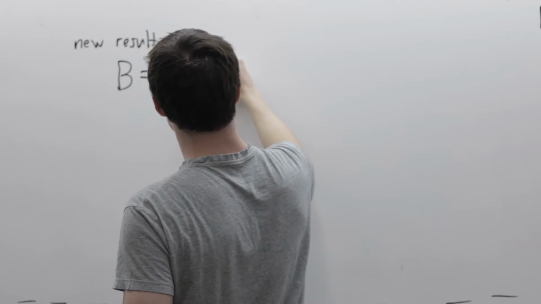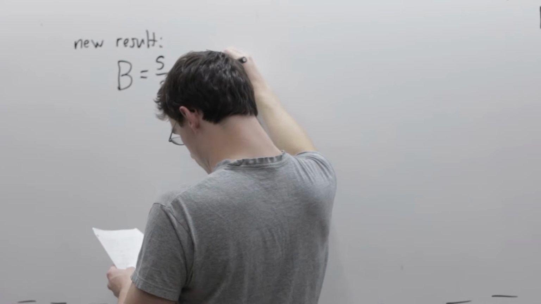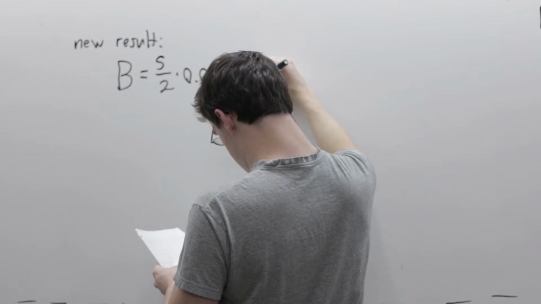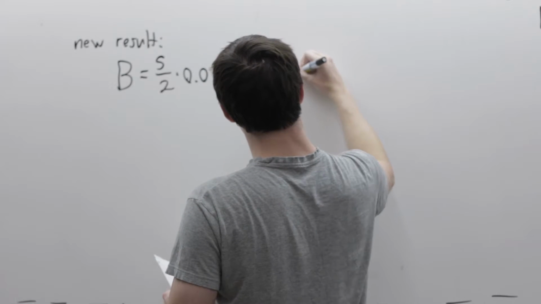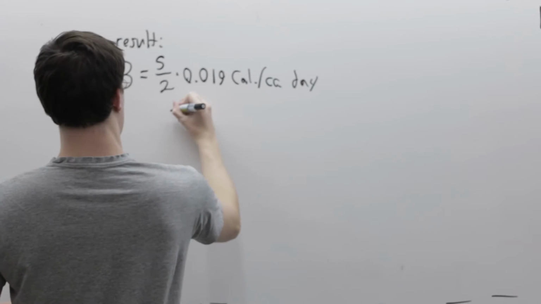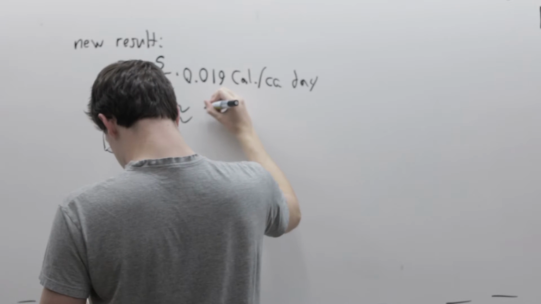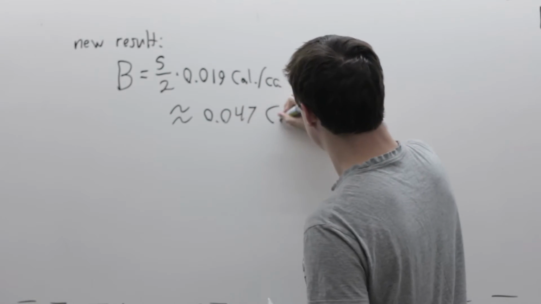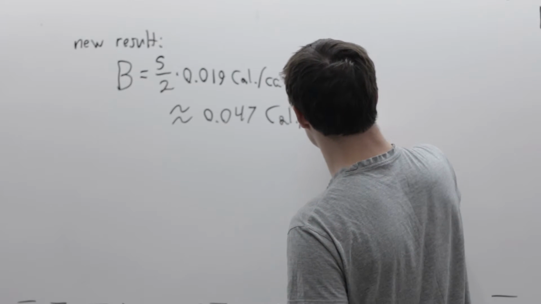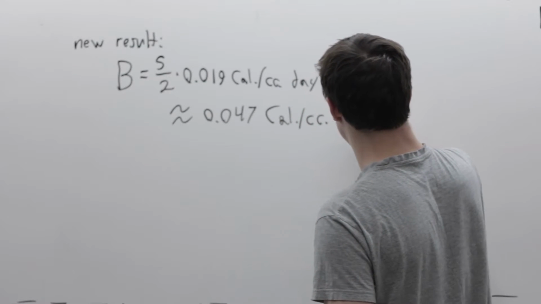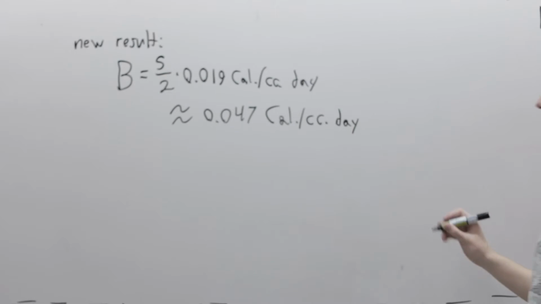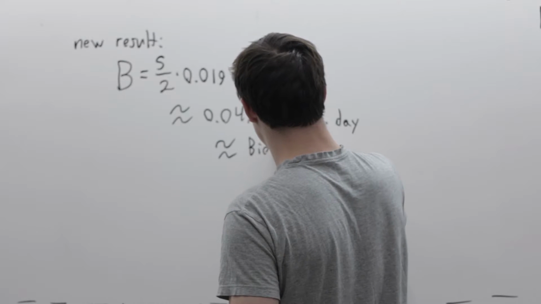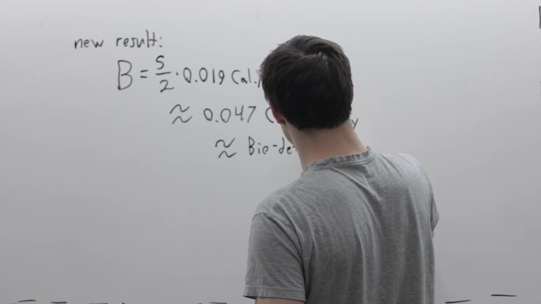So 5/2 times 0.019 is about equal to 0.047 kilocalories per cubic centimeter per day, which is much, much closer to the biologically determined value.